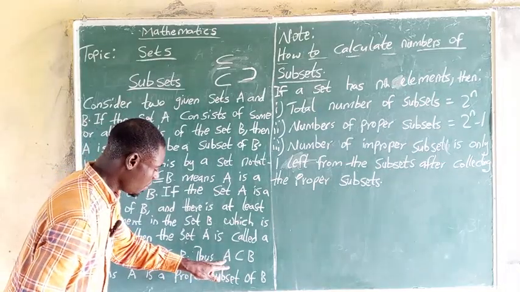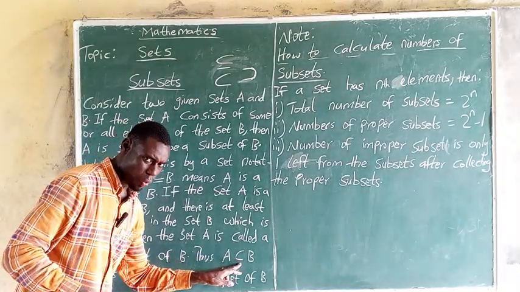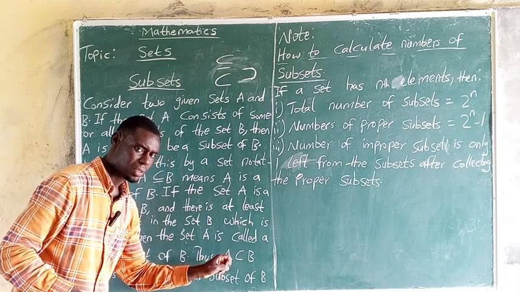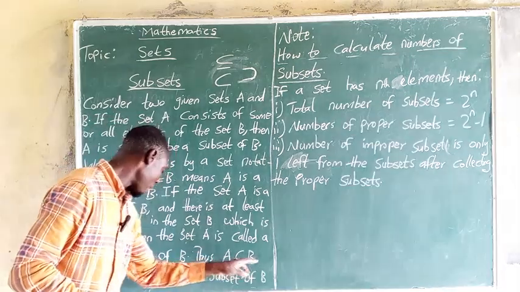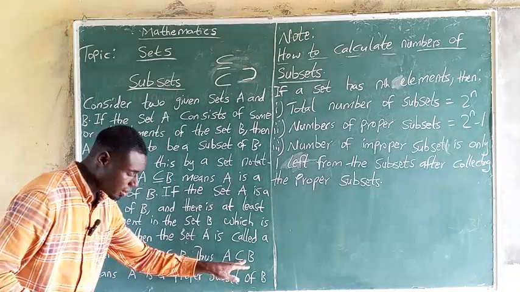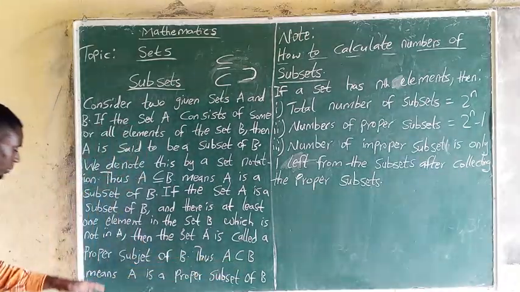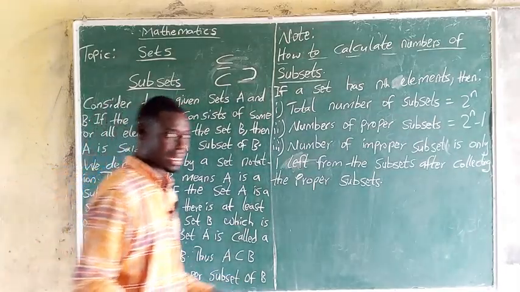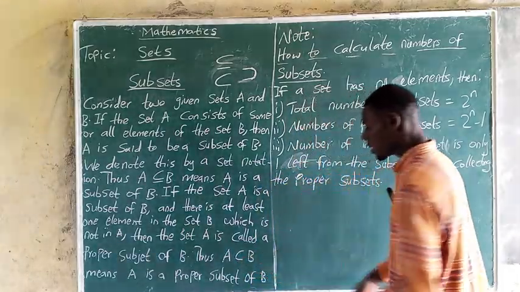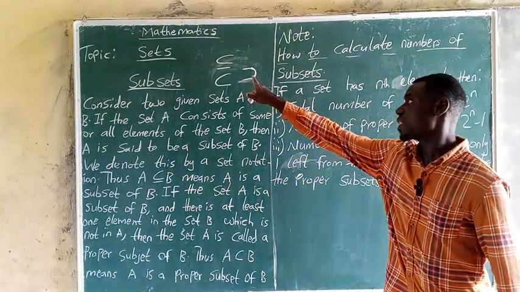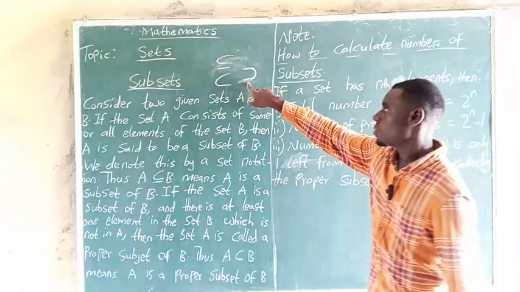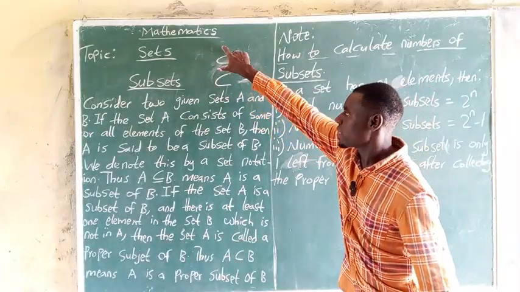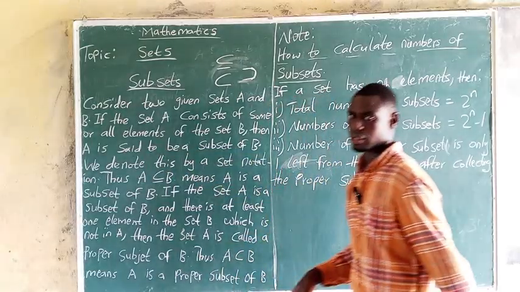Thus, A, this symbol, B, means A is a proper subset of B. Like I told you, don't forget, this symbol is for proper subset. This one is for superset. This one is generally subset.